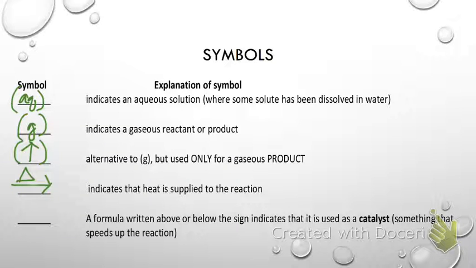So we draw that arrow, and platinum is a very common catalyst, so we would put the symbol above it. Or let's say I was breaking down water with electric current. I would draw an arrow and put ELEC for electricity, meaning I got that reaction to happen by providing a catalyst of the electricity.